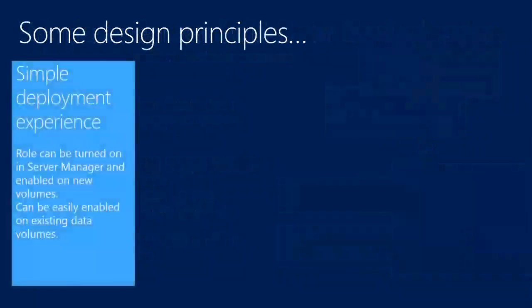So let's talk about some of the design principles that we used as we built deduplication. These are applicable both to 2012 and to 2012 R2. But we started with a couple of simple places that we wanted to anchor the experience that we give you. So first of all, it needed to be a simple deployment experience.